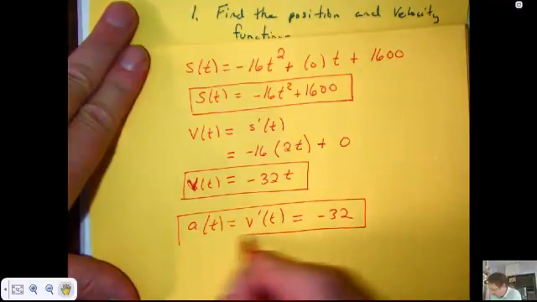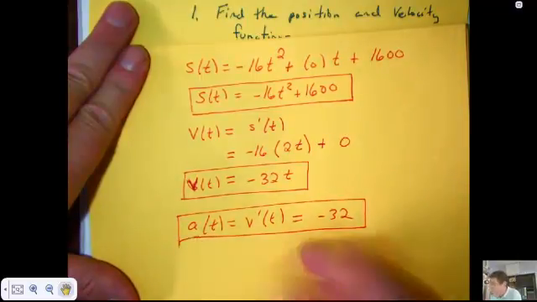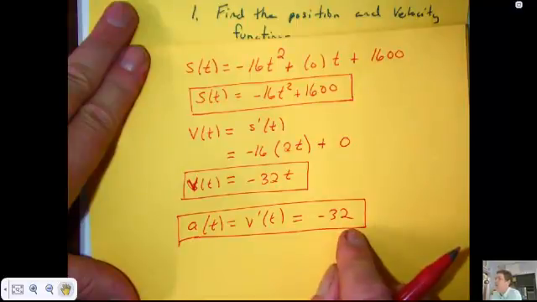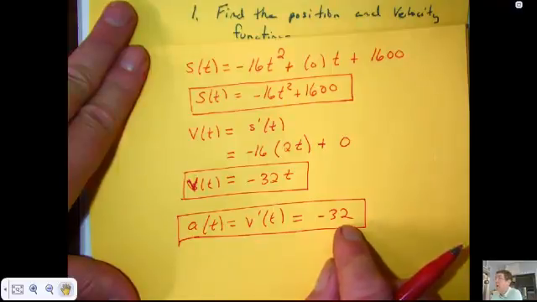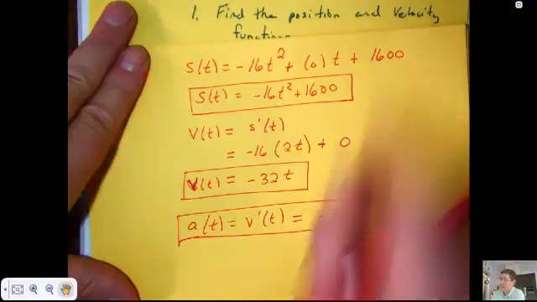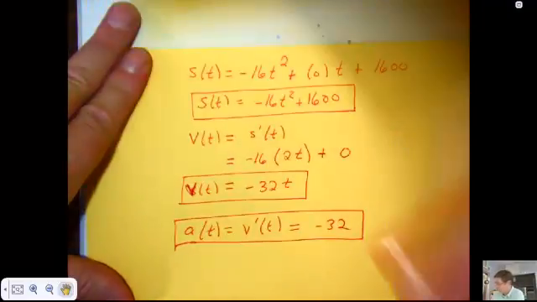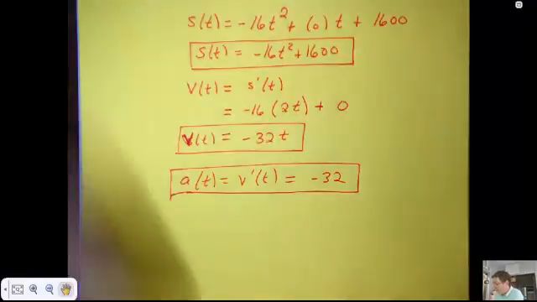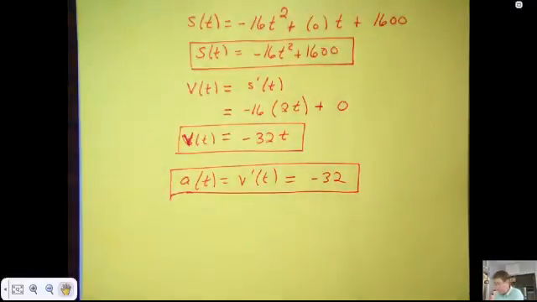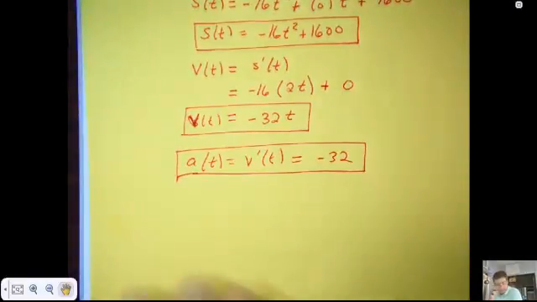And if you've had physics, no surprise that the acceleration of gravity is a constant, right? There's no variable in this, it's a constant number. It's always negative 32. And in the English system, it's negative 32 feet per second per second. So there's all of our functions we need. Okay, question 2 on this.